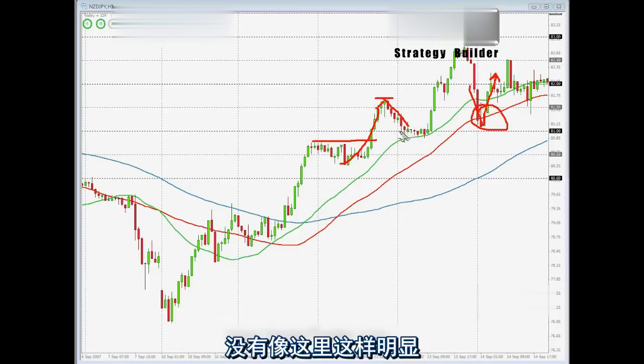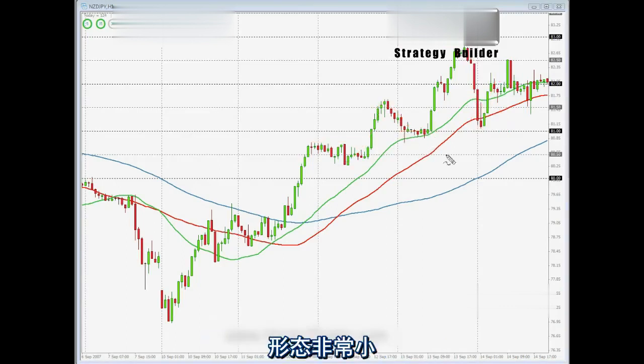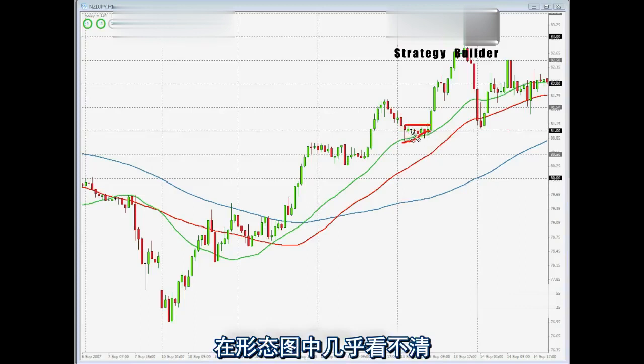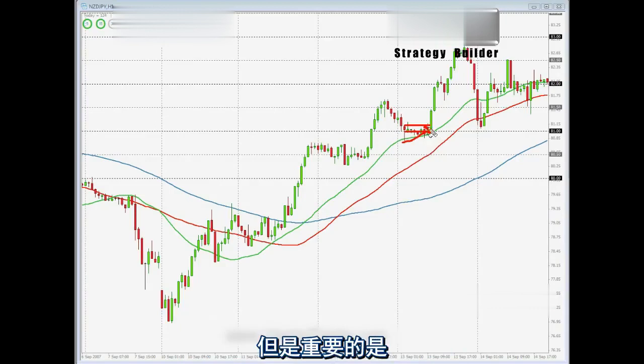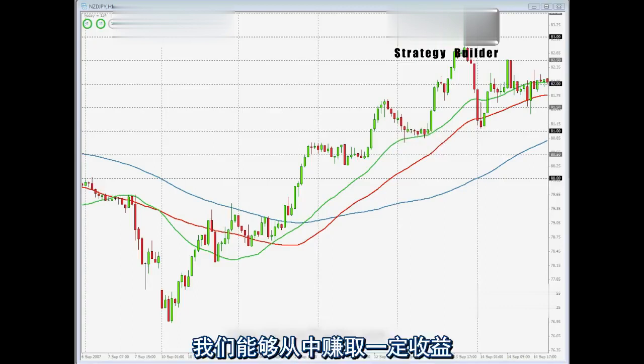We enter a period of sideways consolidation. Do you see that? It's so tiny that you cannot quite see it on the setup chart. You've got to zoom into the short time frames, but the important thing is that it's taking place at a decision-taking area.